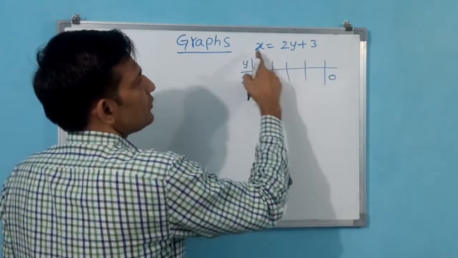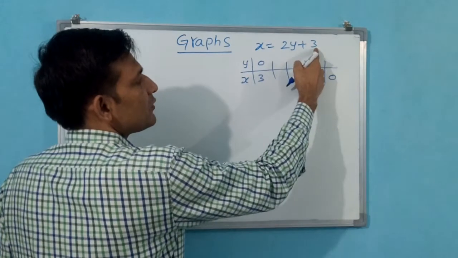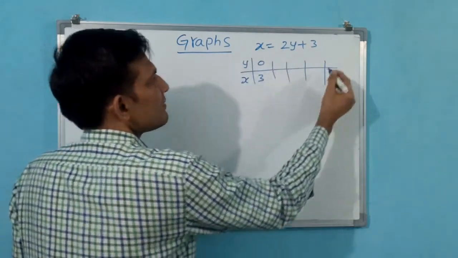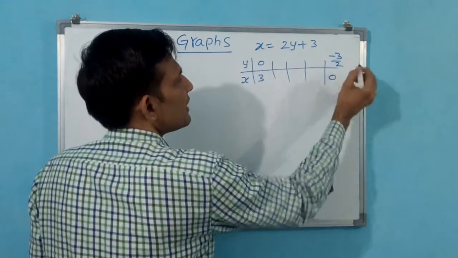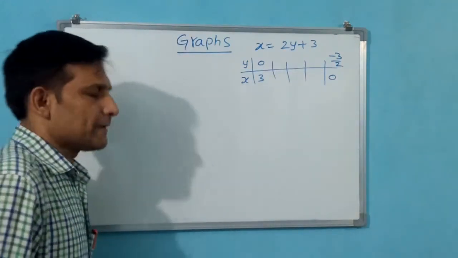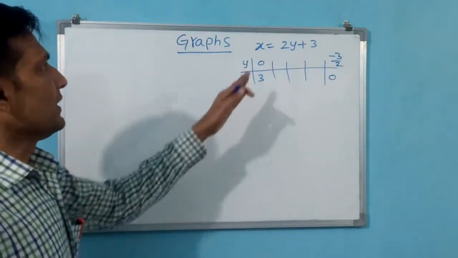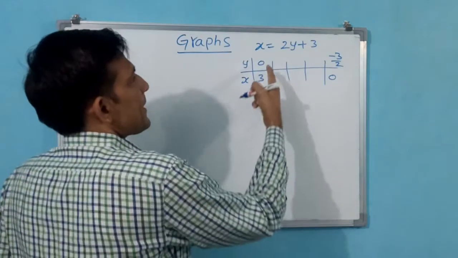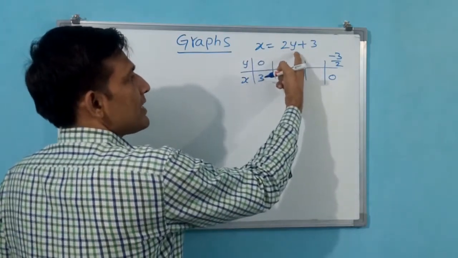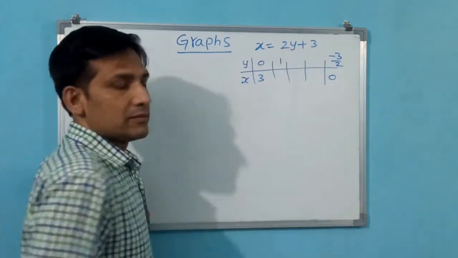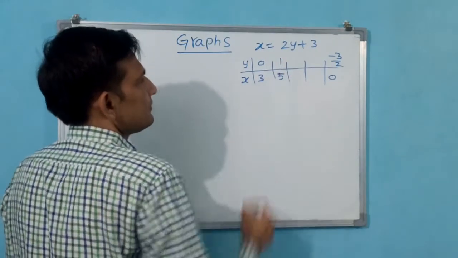When x is equal to 0, automatically 2y is equal to minus 3, y is equal to minus 3 by 2. When y is equal to 1, x is equal to 5.